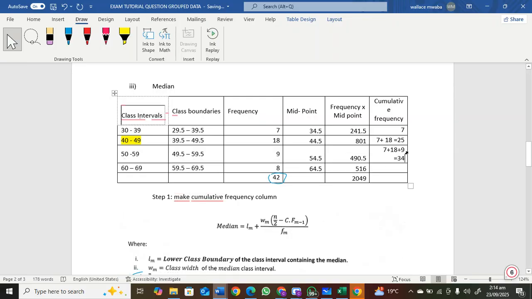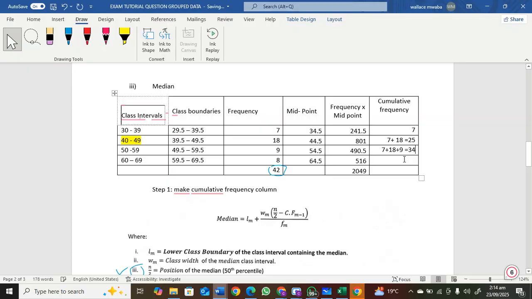Then the next cumulative frequency, 7 plus 9 plus 18 plus 8. Basically, we're just saying this 34 we add with 8, we get 42.